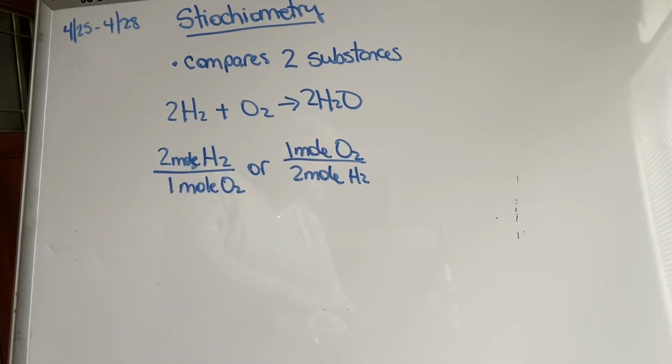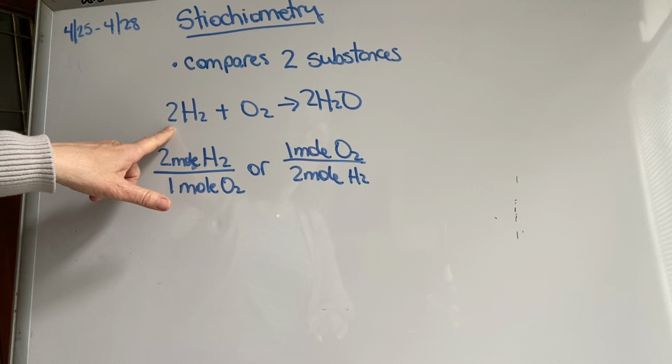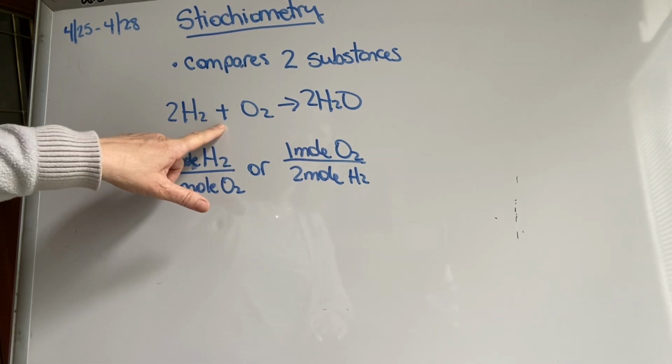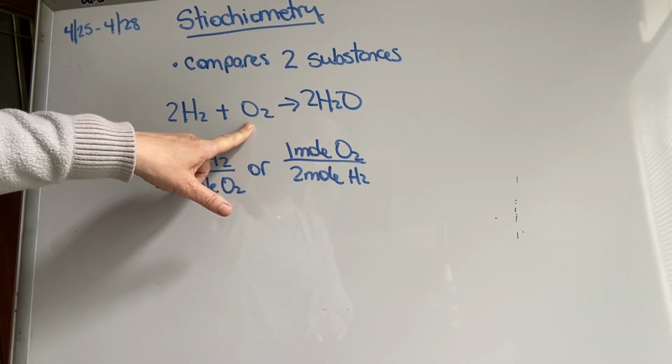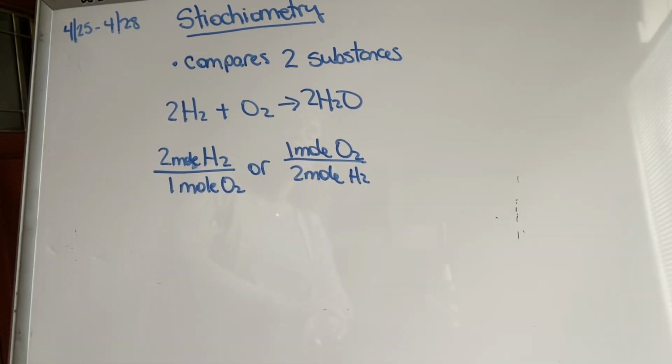Now we're going to define what that unit is. That unit we were referring to is actually the mole. So now instead of reading this as 2 units, we replace the word unit with the actual unit, mole. So now we would read this as 2 moles of hydrogen gas and 1 mole of oxygen gas yields 2 moles of water.